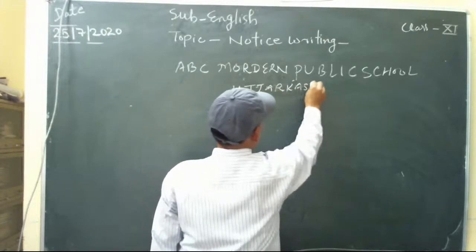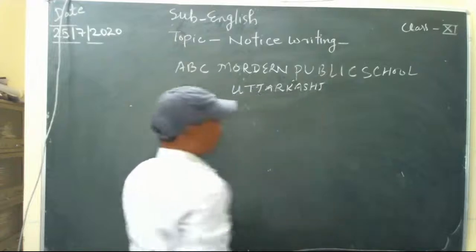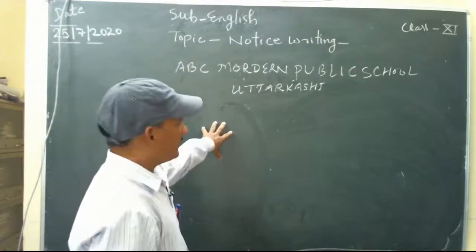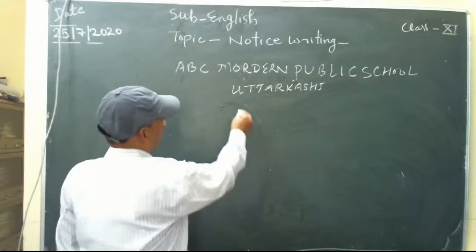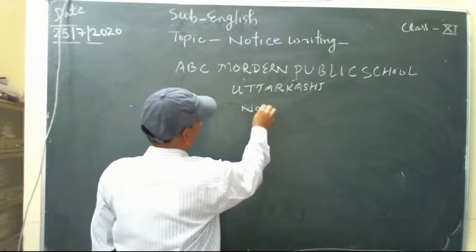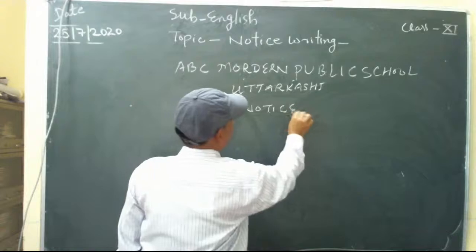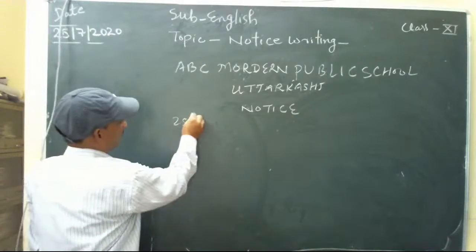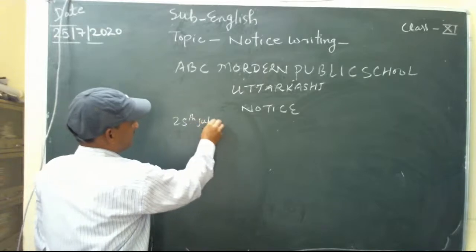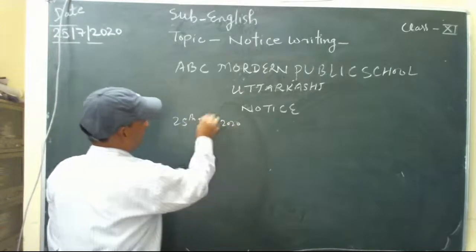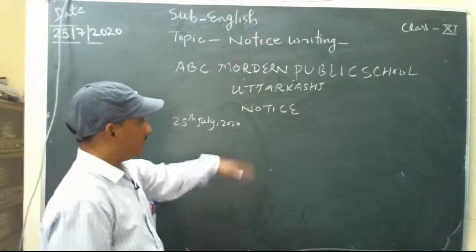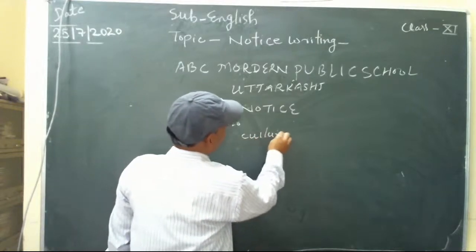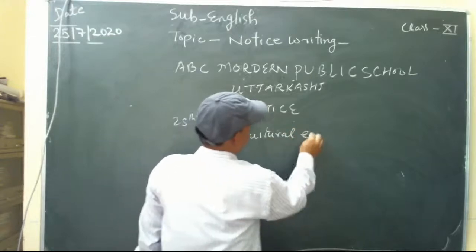Suppose it is somewhere located nearby. Okay, so now this is the name of the school. Again write the word notice. Again, date of issue, 25th July, and what more? Now the heading. We can write here, cultural evening show.